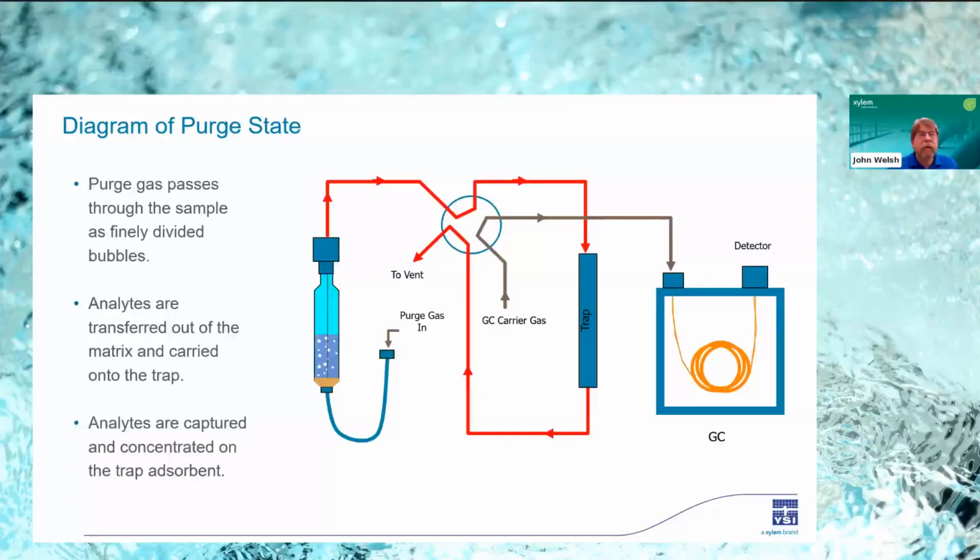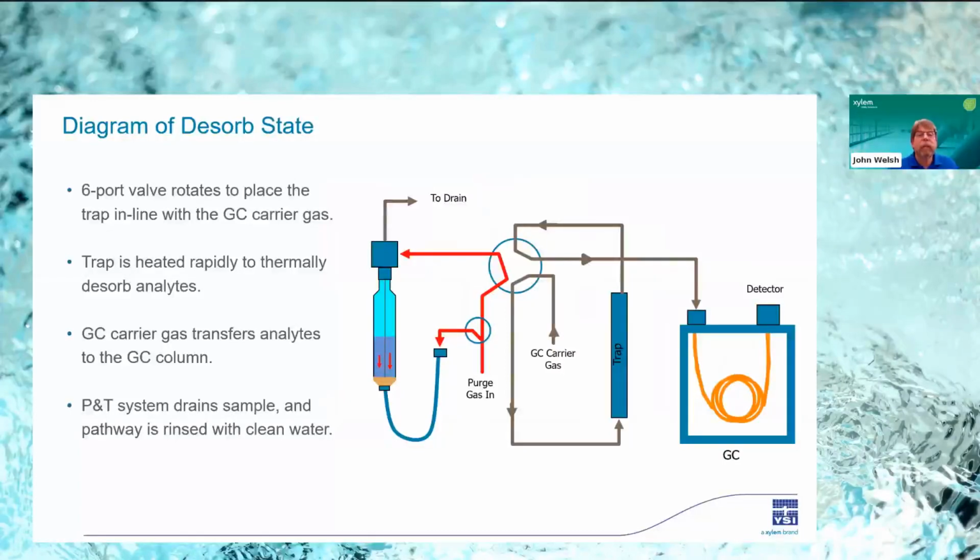In the next state, the desorb state, the valve rotates, and the trap is heated to rapidly thermally desorb these analytes. The carrier gas transfers the analytes onto a GC column. Then the purge and trap drains the sample, the pathway is rinsed with clean water, and gets ready for the next sample.